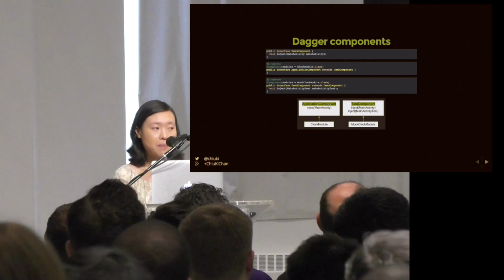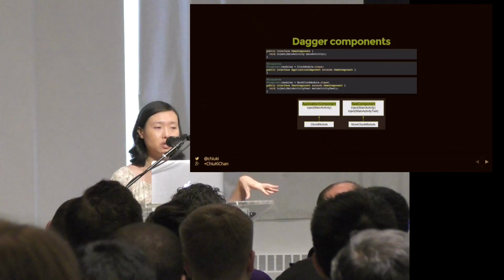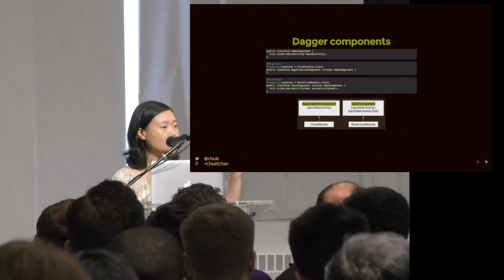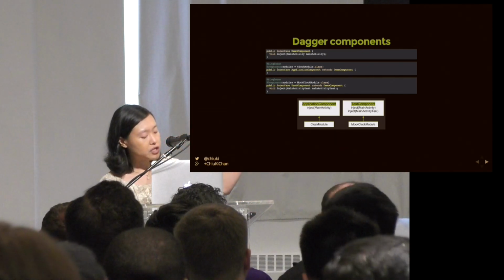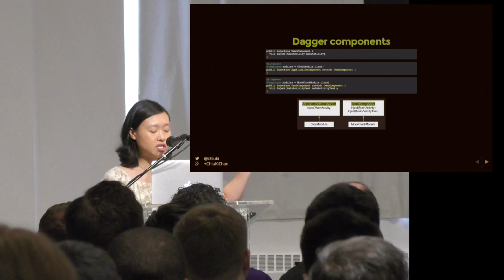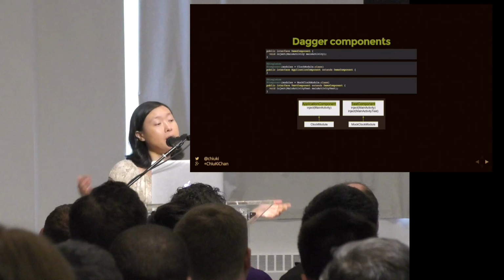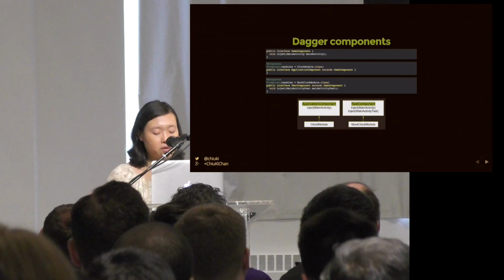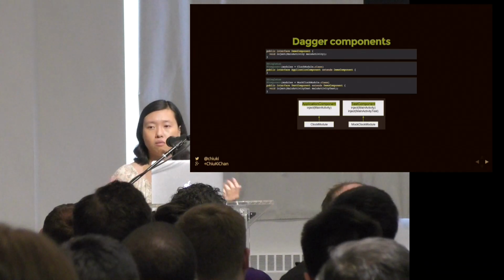In the application component, in this particular example, we'll have a clock module which provides a clock, which allows you to know what the time is now. And the application component knows how to inject this clock into the main activity. But when we test, we are going to provide a different thing. We are going to provide a mock clock module. Why?